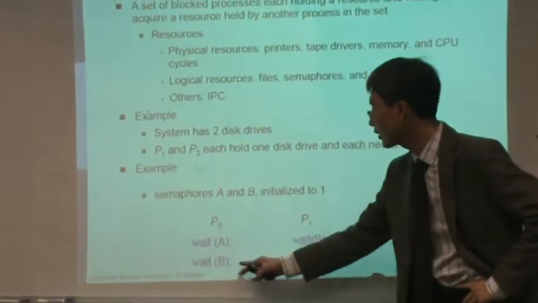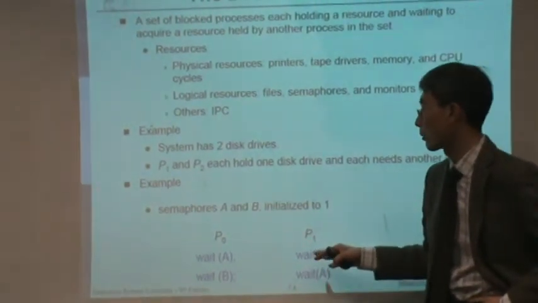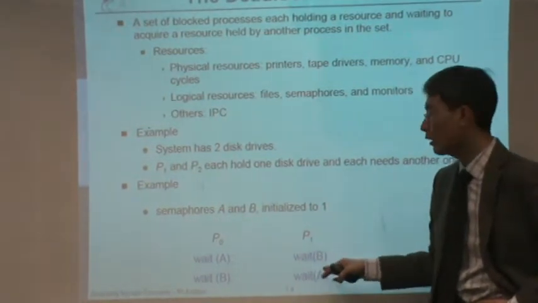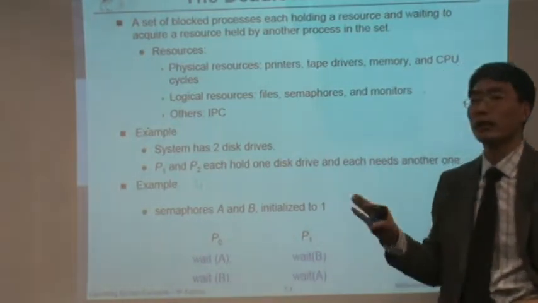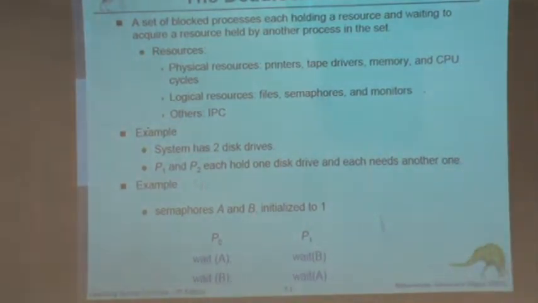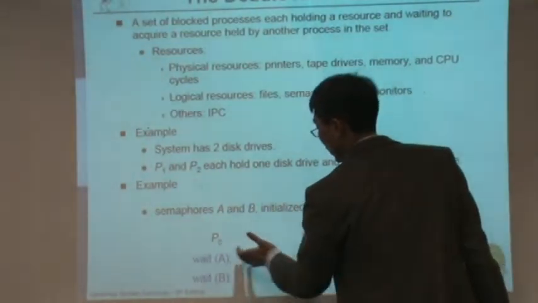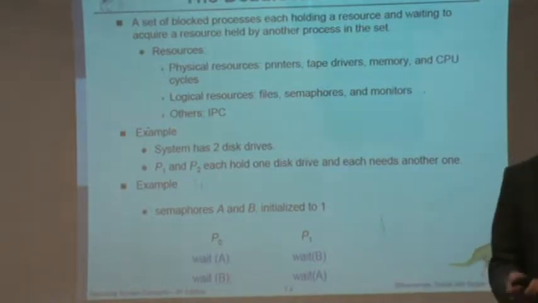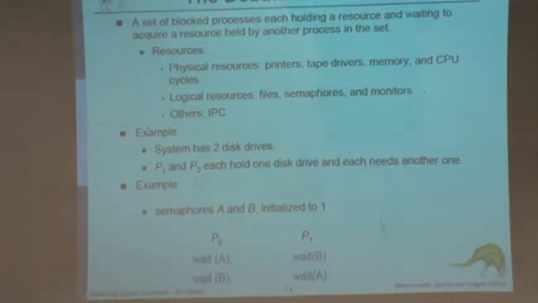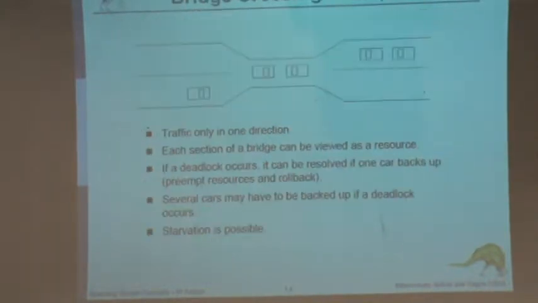Then process 0 requests semaphore B, which is held by P1, and P1 requests a wait for A, which is held by process 0, which means both processes are waiting for each other forever. Because if no process releases the semaphore it is holding, it will be forever. This is called the deadlock situation. Okay, we need to solve that problem. Otherwise, your system will be stopped.